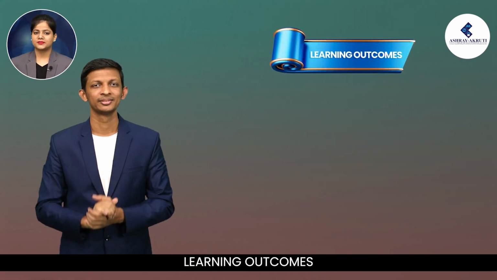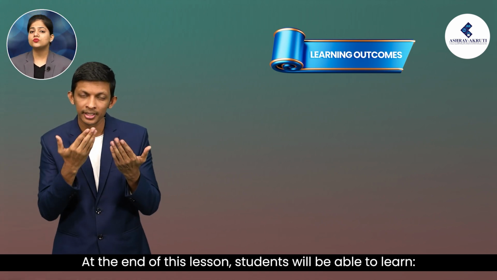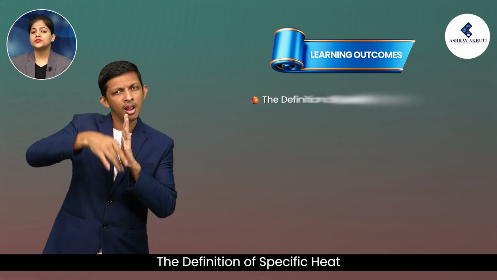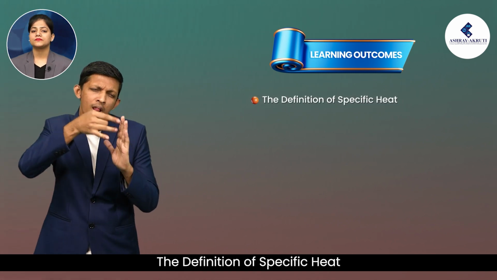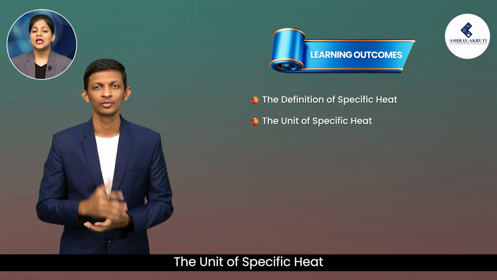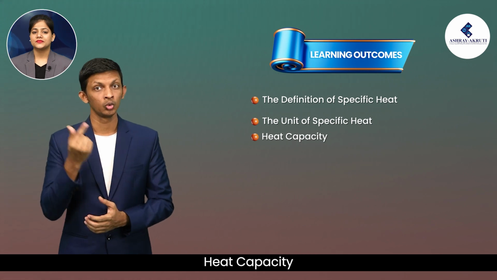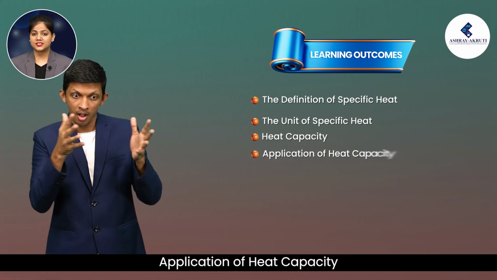Learning outcomes. At the end of this lesson, students will be able to learn the definition of specific heat, the unit of specific heat, heat capacity, application of heat capacity.